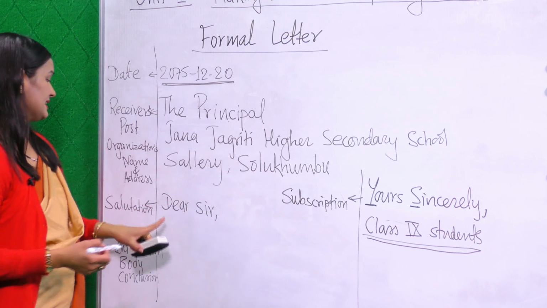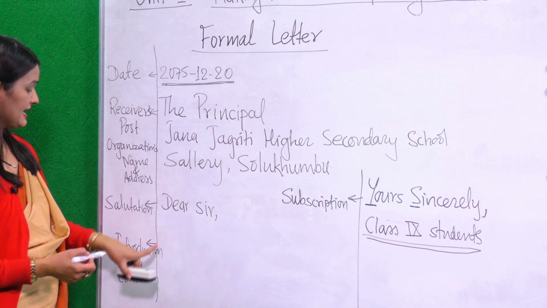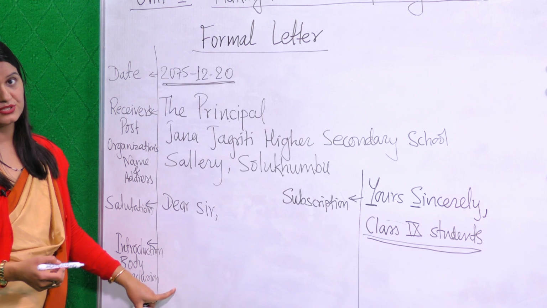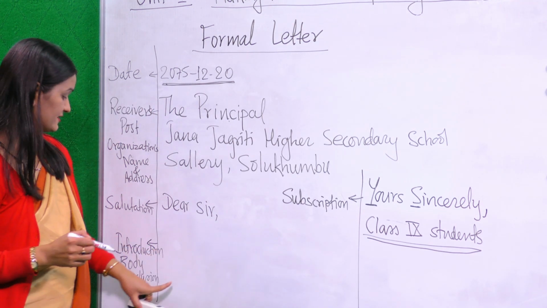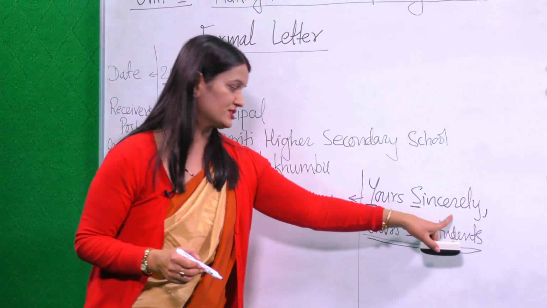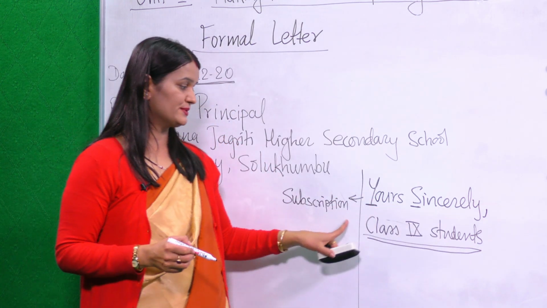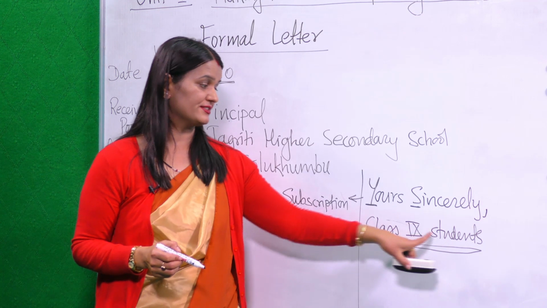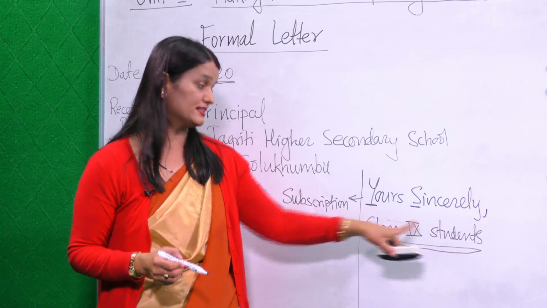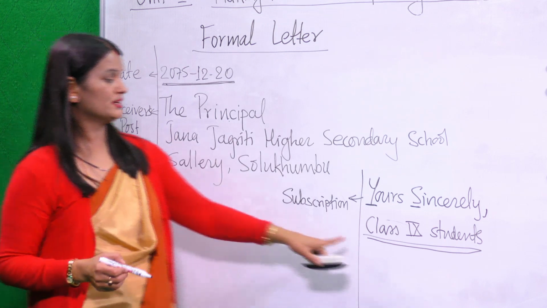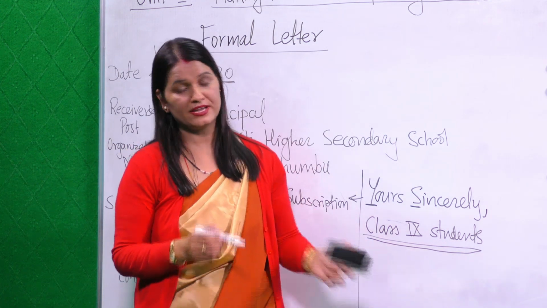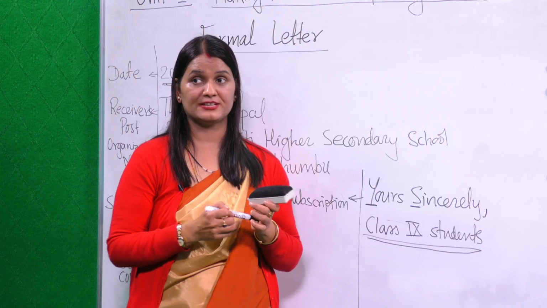Then after that, dear sir, an introduction, body and conclusion you will write, as I have given you examples there. And after the conclusion you will write yours sincerely. This is the subscription, and there is class 9 students. This class 9 students have written this letter, so it is written here. Okay, I think you have got some idea.